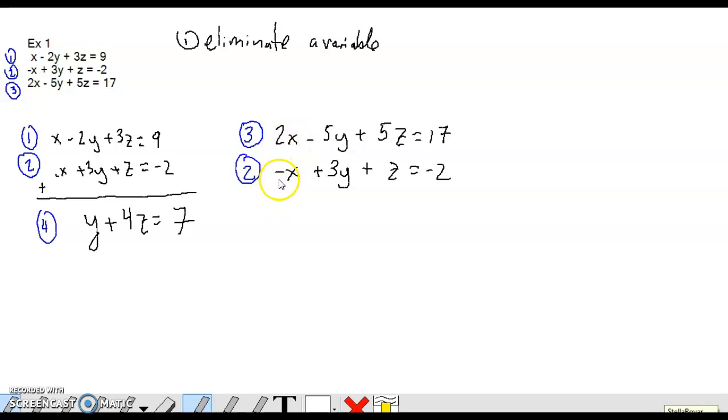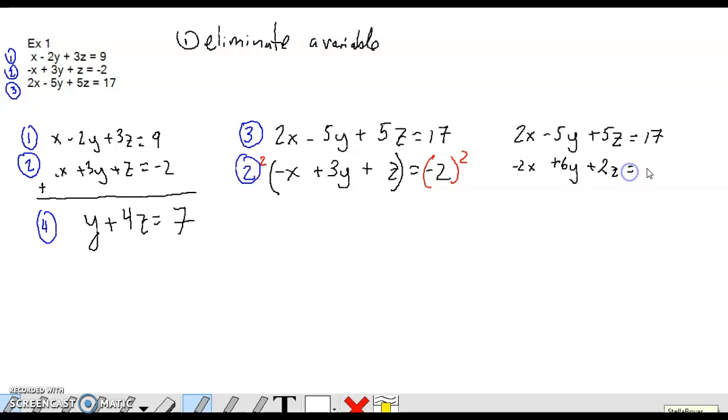So I need to manipulate this equation. I'm going to multiply both sides by 2. As I do that, this becomes 2x minus 5y plus 5z is equal to 17, and this becomes negative 2x plus 6y plus 2z is equal to negative 4.